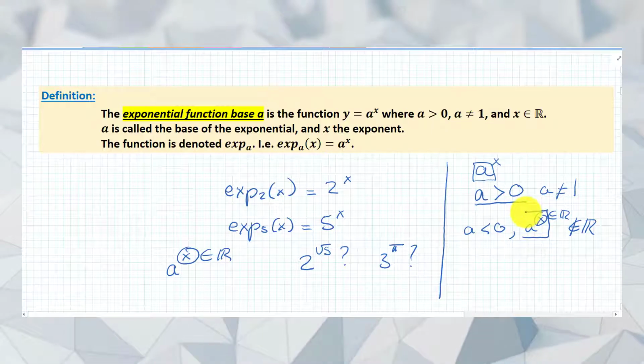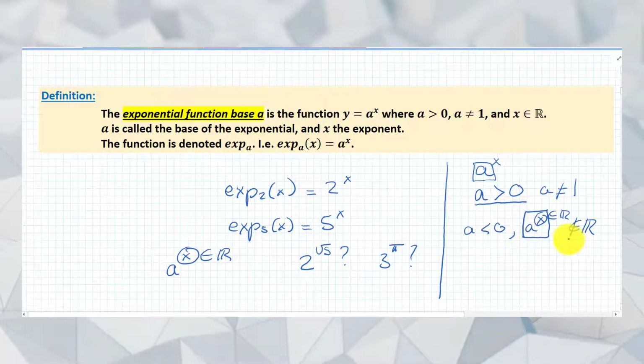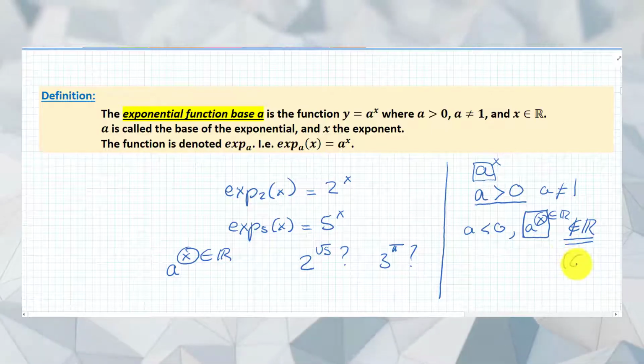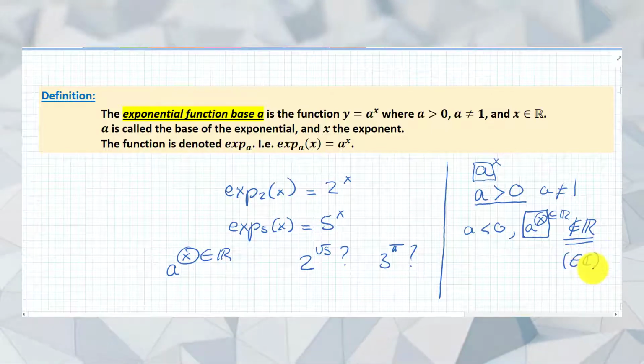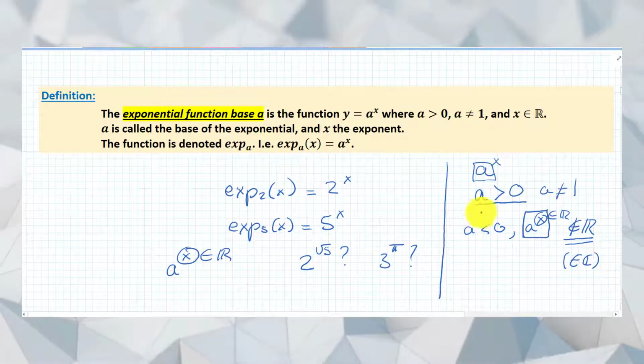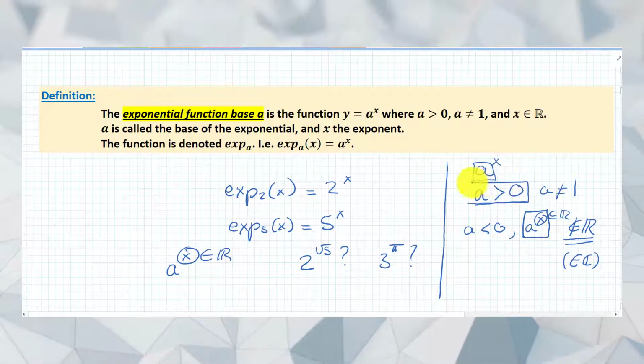The output of this expression could be a non-real number. That means a complex number, but we have not seen this year what a complex number is. So again, very important to assume that the base is positive.